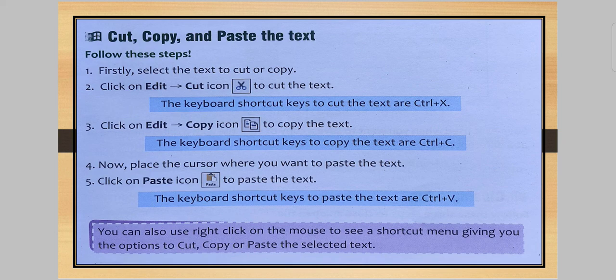When you need to paste any text, you need to click on this icon. You can also use the alternative way, which is shortcut key Ctrl plus V. You can also right click on the mouse to see the shortcut menu giving the options cut, copy, paste for the selected text.